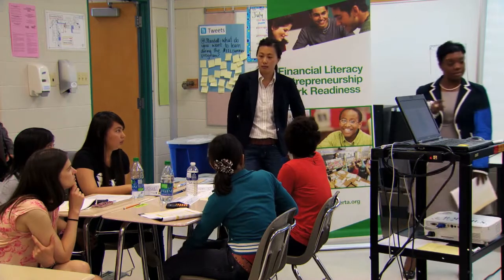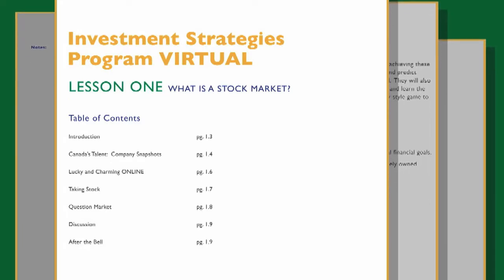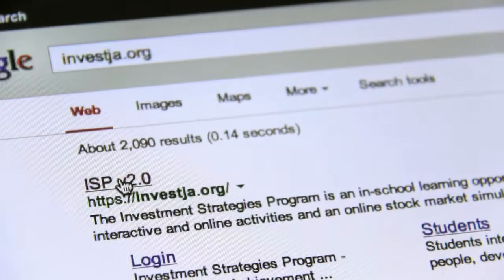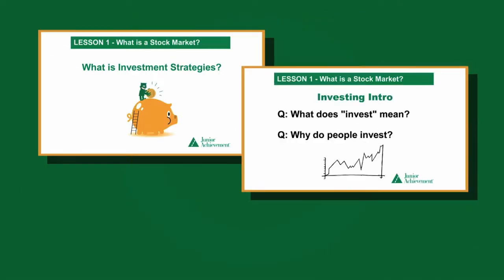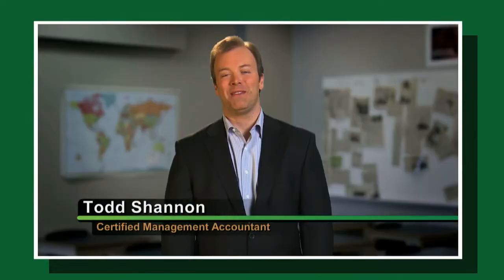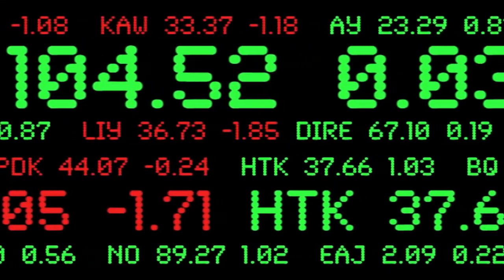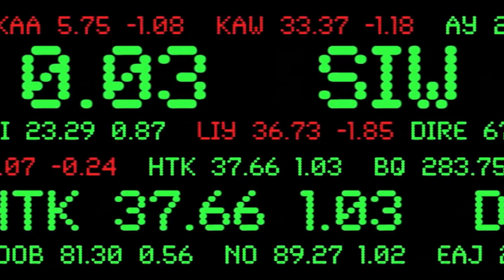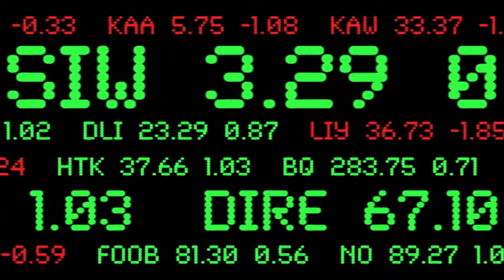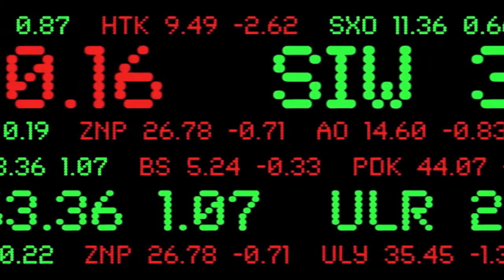This program is offered free of charge and features activity-based lessons, including a program guide for teachers featuring classroom and internet-based group activities, PowerPoint presentations to help guide you through each lesson, instructional videos narrated by professionals from the financial sector, and an online stock market simulation so students can practice what they've learned in a risk-free, real-time environment.